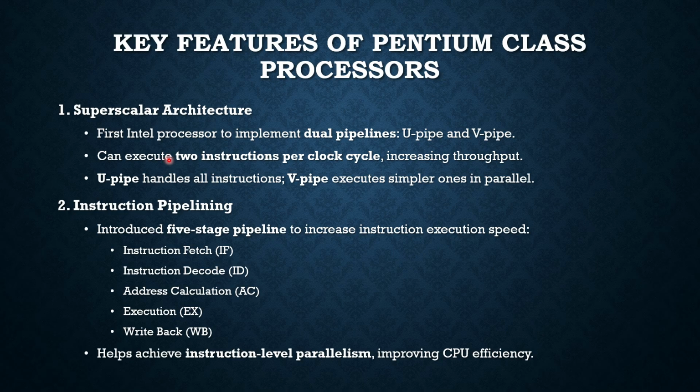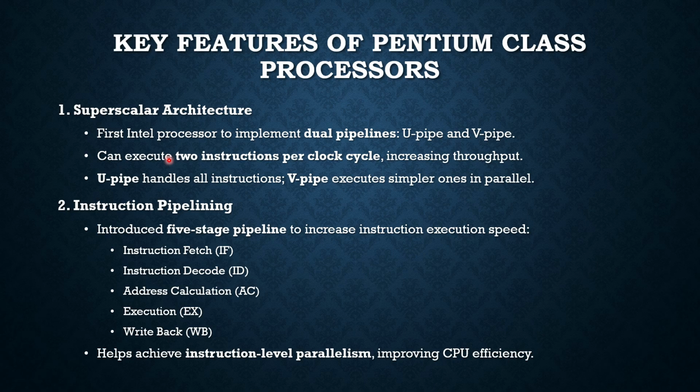Now coming to instruction pipelining. As you know, for executing each and every instruction there are basically three processes: fetch, decode, execute. We have studied this in the previous sessions, maybe in previous semesters. These are the three phases of instruction pipelining.